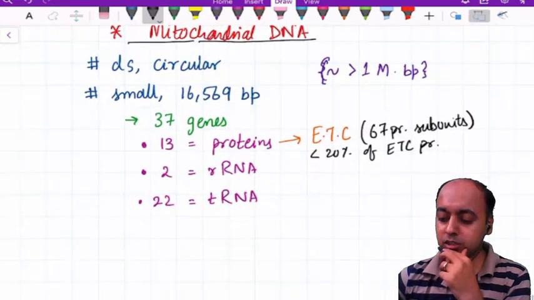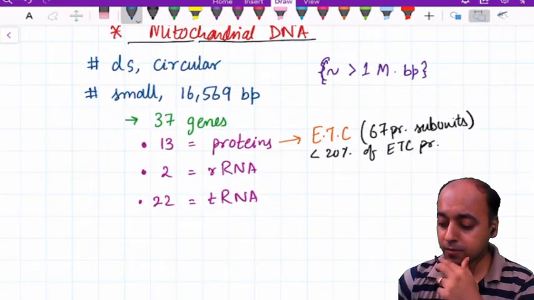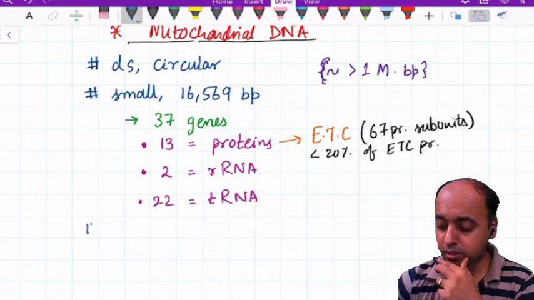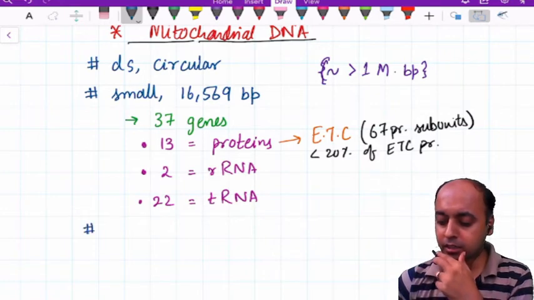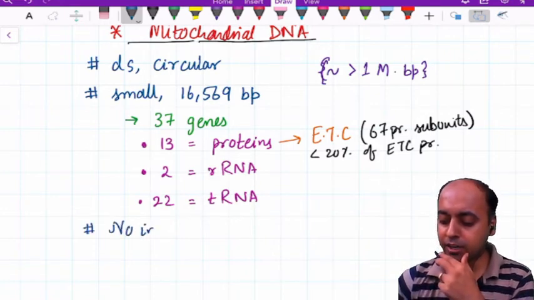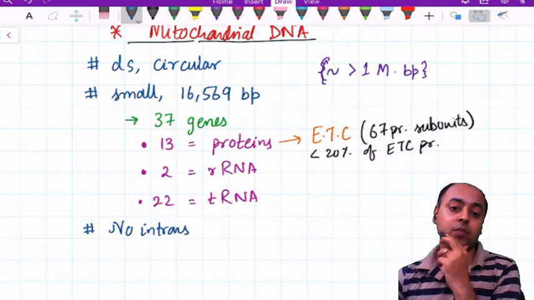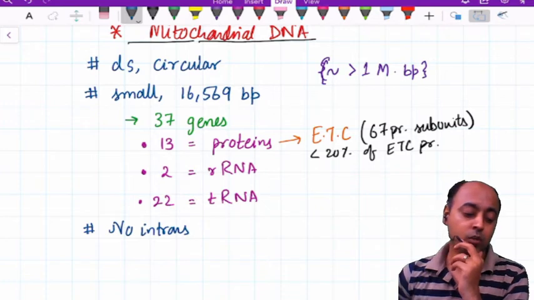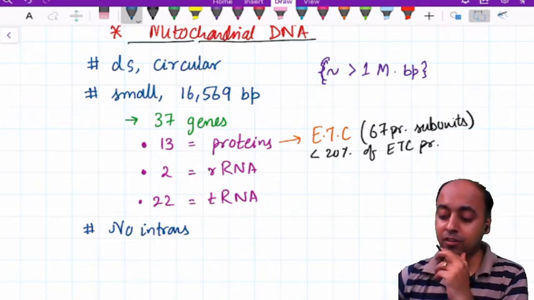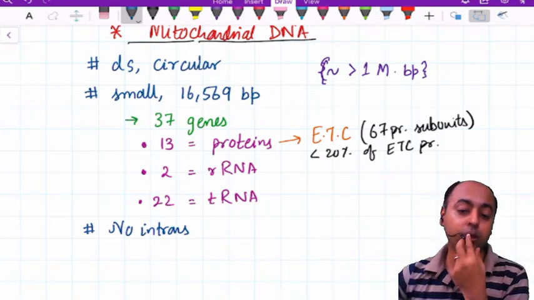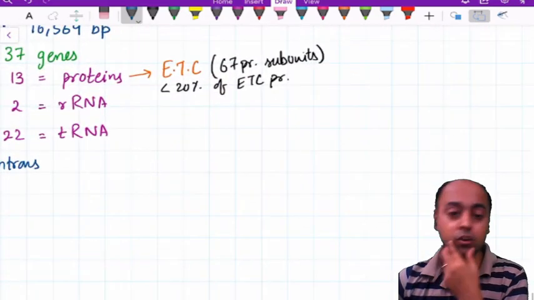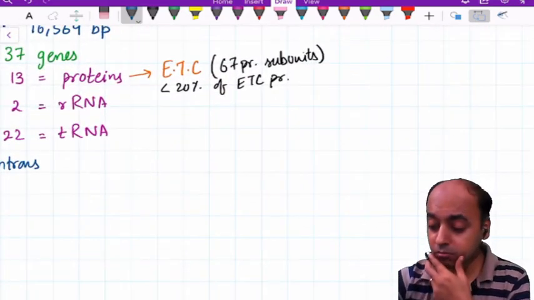In addition to this, very important point: the mitochondrial DNA does not have introns. Try to understand what is the implication of not having introns in the mitochondria. Now, in the mitochondria, the nucleus is not there.